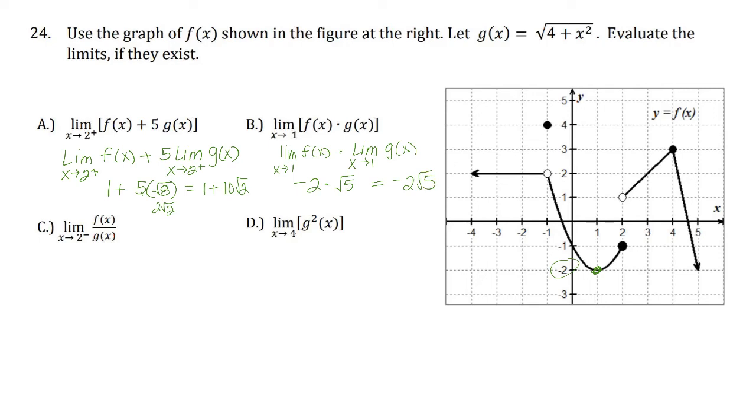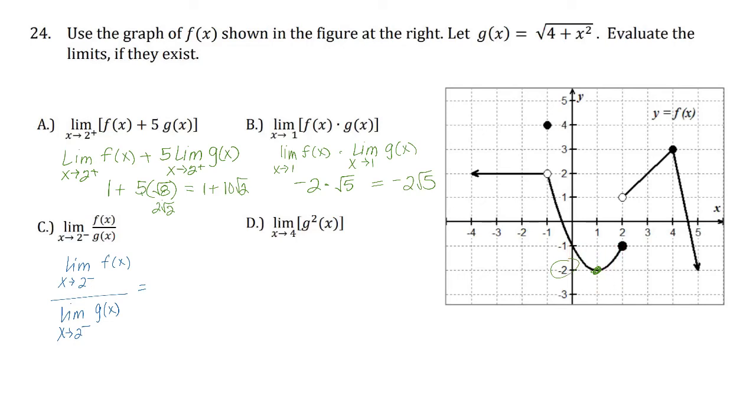Alright, our next problem, again, dividing up these limits: the limit as x approaches 2 from the left of f of x, and we're going to see what that value is over the limit as x approaches 2 from the left of g of x. Well, the limit as x approaches 2 from the left looks like it's going to be coming in this direction.